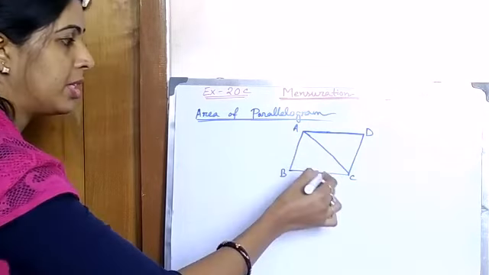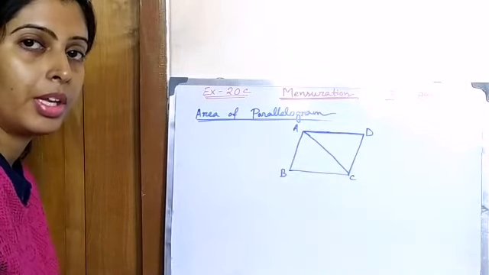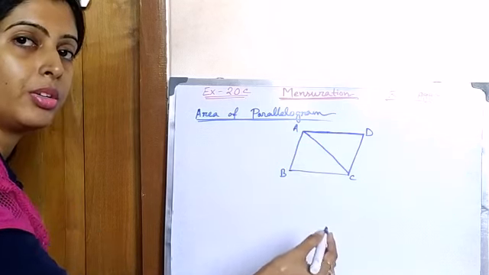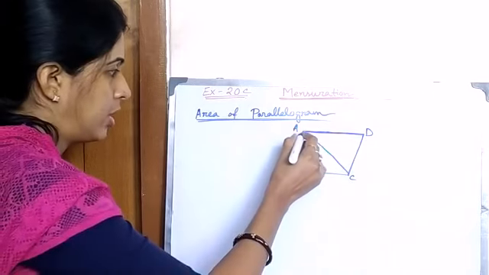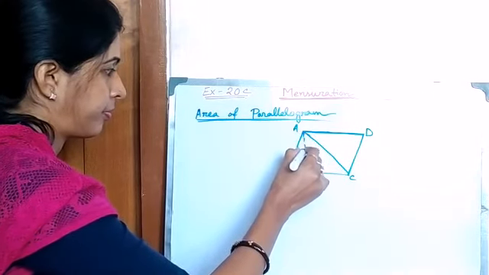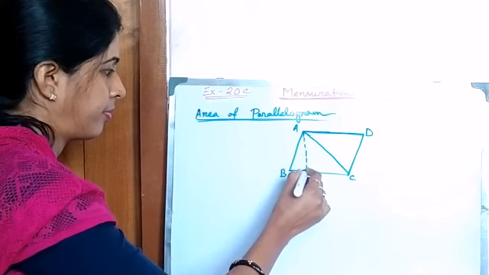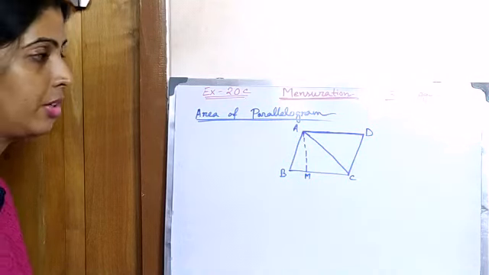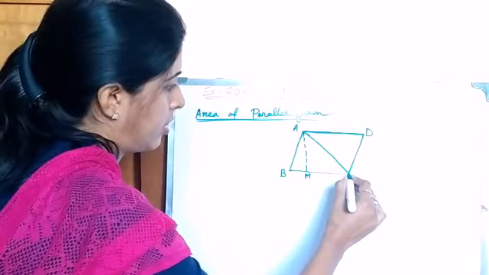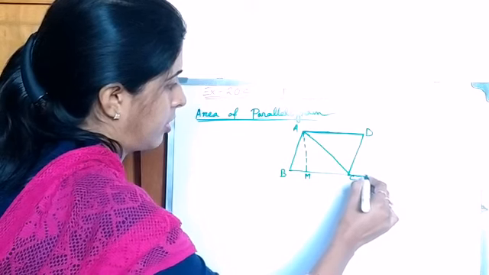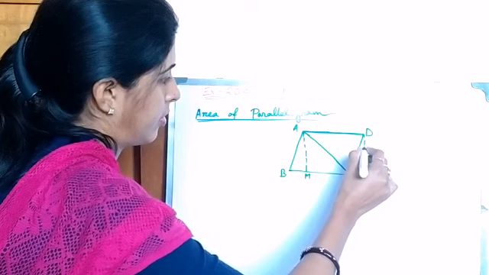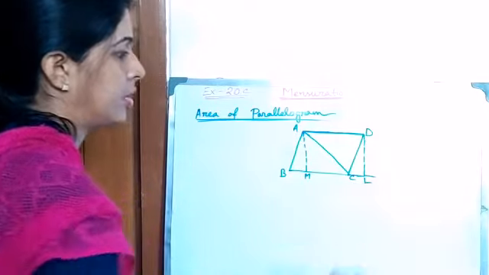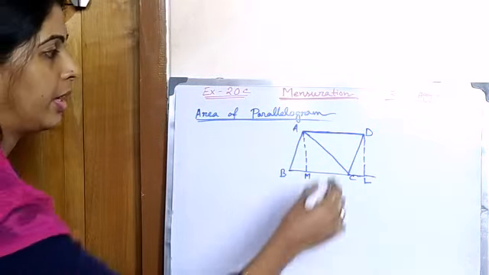First, in triangle ABC I will draw the height of the triangle, because the area of the triangle means half into base into height. So let's draw it. This is the height of triangle ABC and this is the height of triangle ADC.